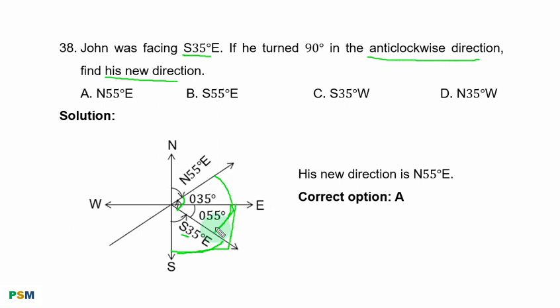His new direction will be from the north to the east. Here is 35 degrees. The quadrant is 90 degrees. From here to this point must be 55 degrees. Using cardinal notation, you have north 55 degrees east as the new direction. The correct option is A.